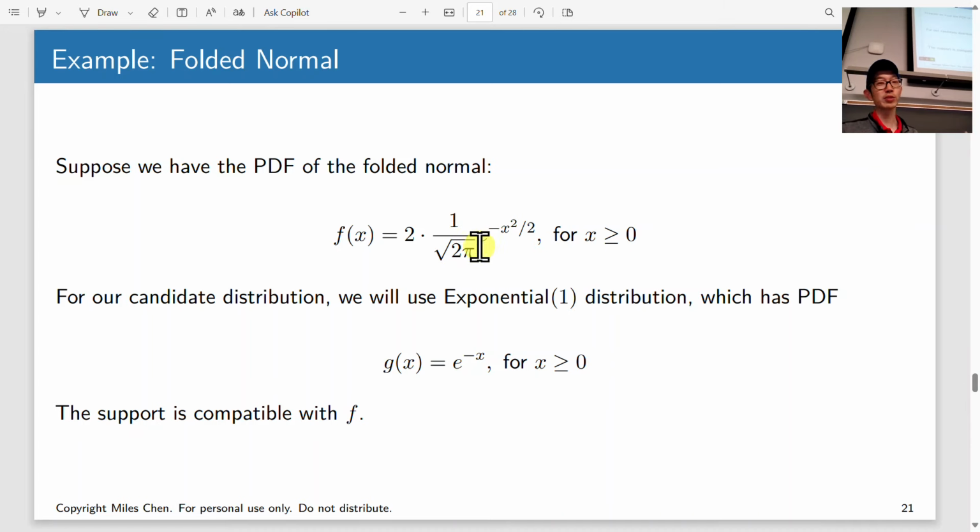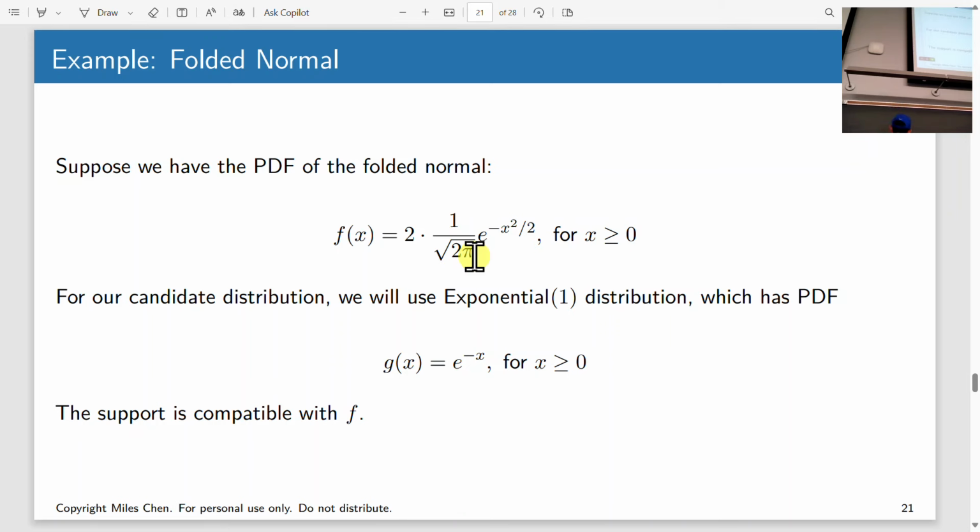And so when we do that, if it's centered at 0, our PDF is just 2 times the PDF of the standard normal, because the total area still has to integrate to 1. So we have that.